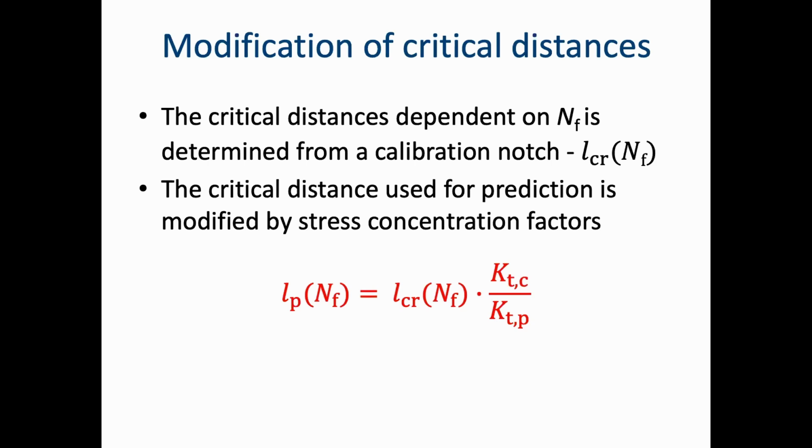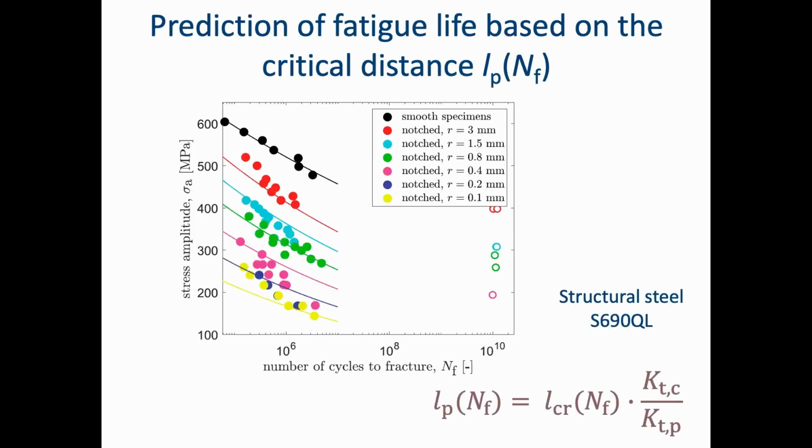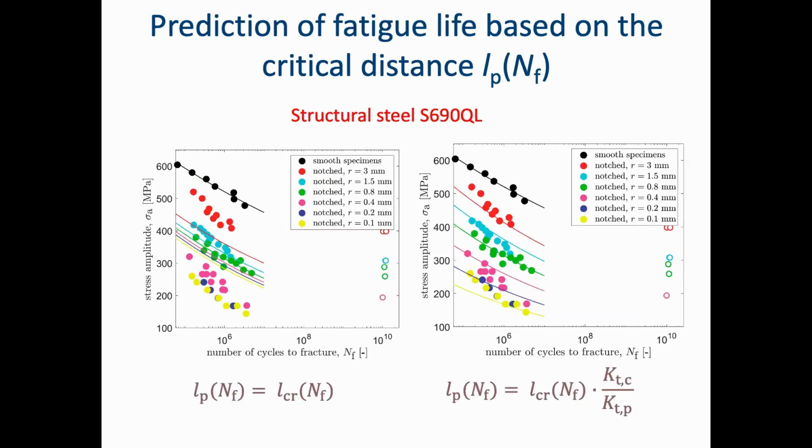When we modify it, the prediction matches quite well to the experimental data. You can see it here. On the following slide, there is the original prediction, and now here on the right side are the predictions made by this modification.